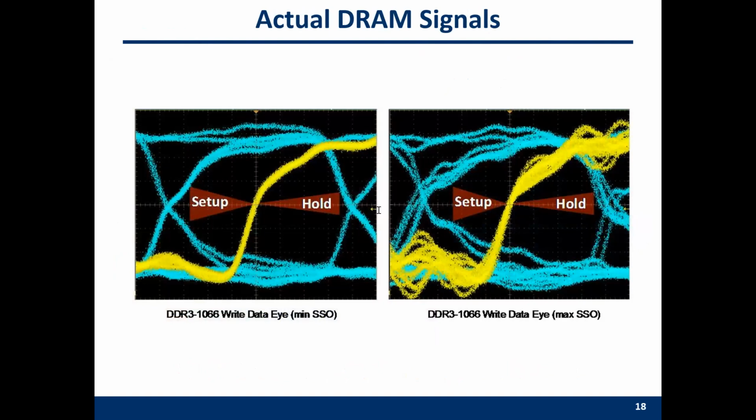So you can see this is the real signal. You can transfer the data through the rising edge and the falling edge. You expect this rising to be very steep.